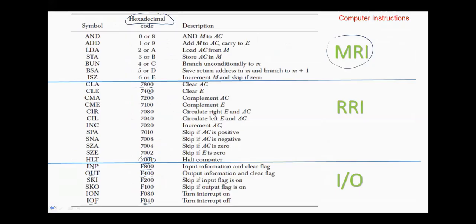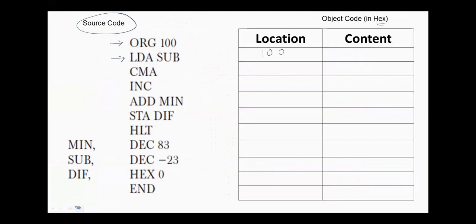By checking the memory reference instruction table, the code for load is 2 if the addressing mode is direct, or A if the addressing mode is indirect. Since here the addressing mode is direct, we'll have in hexadecimal 2.